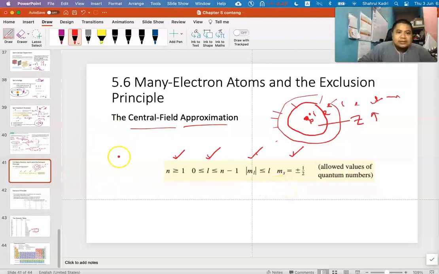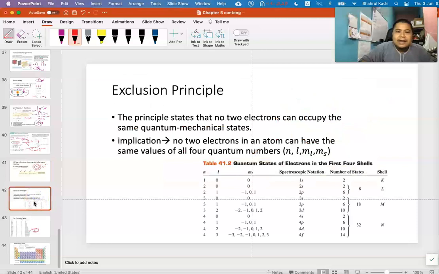How the electron is located inside an atom, where the electron should be inside an atom, is regulated by the exclusion principle, which was proposed by Pauli. So sometimes we call it the Pauli exclusion principle.